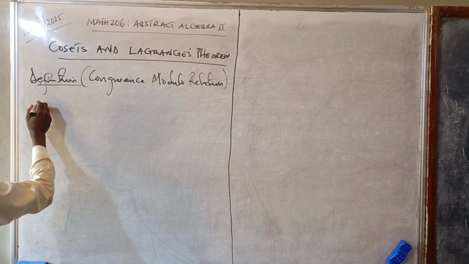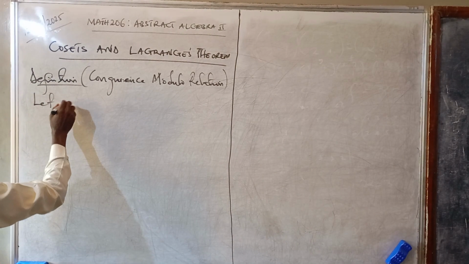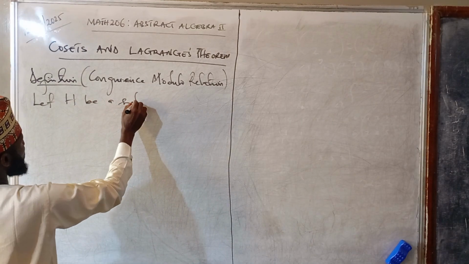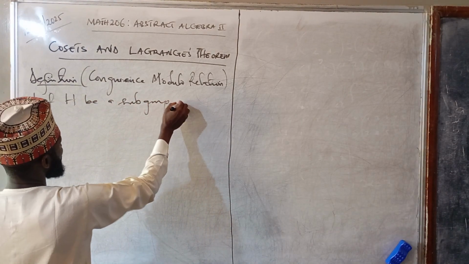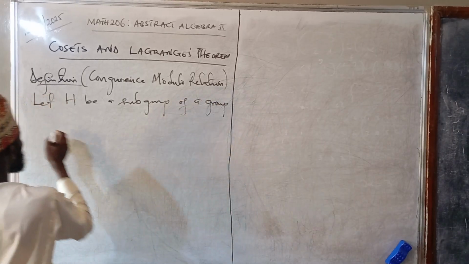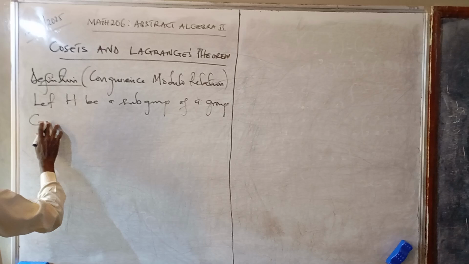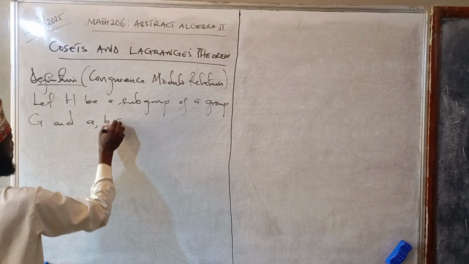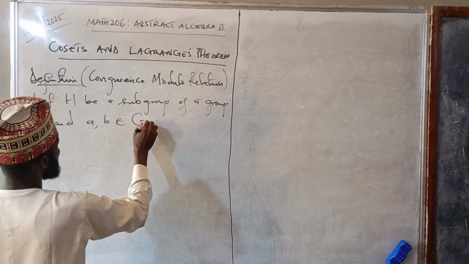So you take a subgroup H of a group G, and choose two elements A, B in the group.